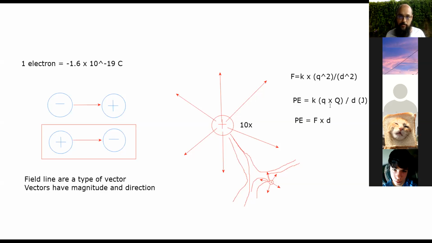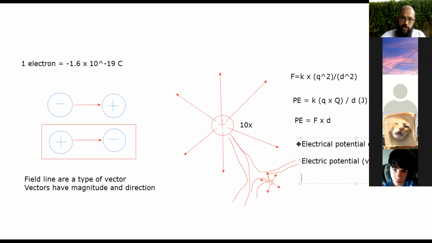But we're going to be working with a concept of not just electrical potential energy, but electric potential. Electrical potential energy is measured in joules, but electric potential is measured in volts.